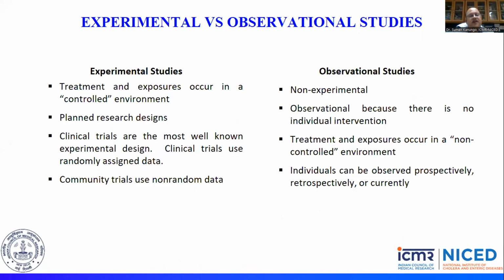Clinical trials use randomly assigned data. We randomly assign and it gets the data. In the observational studies, treatment and exposure occur in a non-controlled environment. Community trials use non-random data in experimental studies, but in observational studies, individuals can be observed prospectively, retrospectively, or, as in a cross-sectional study, occurring currently.